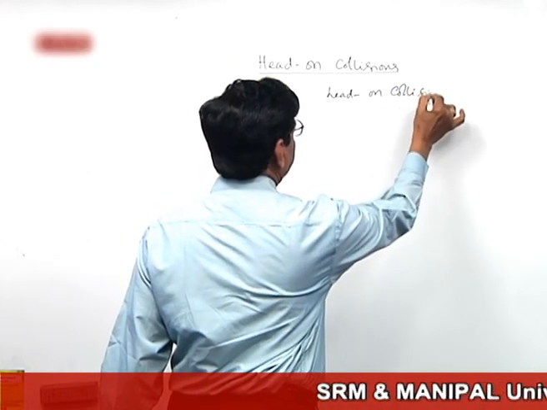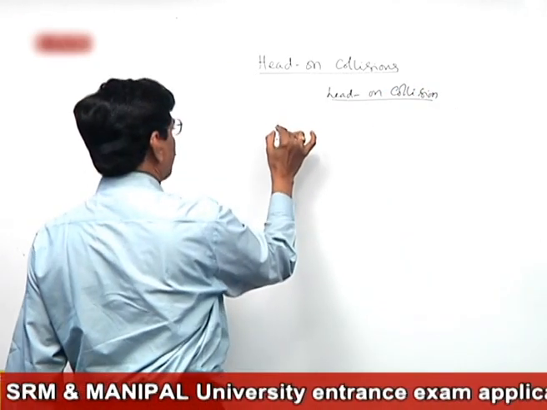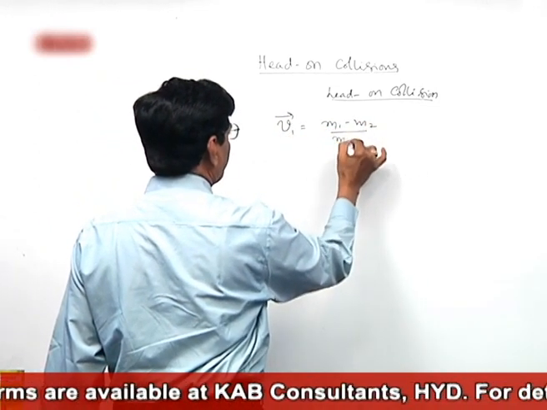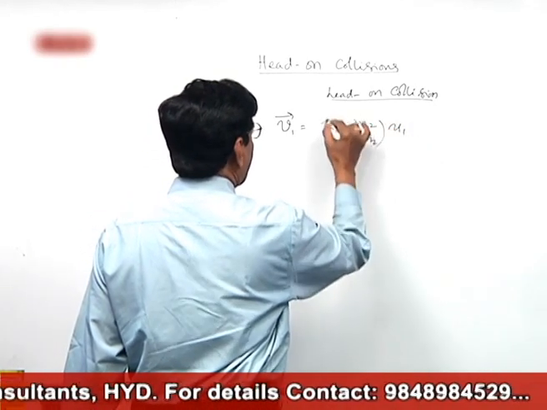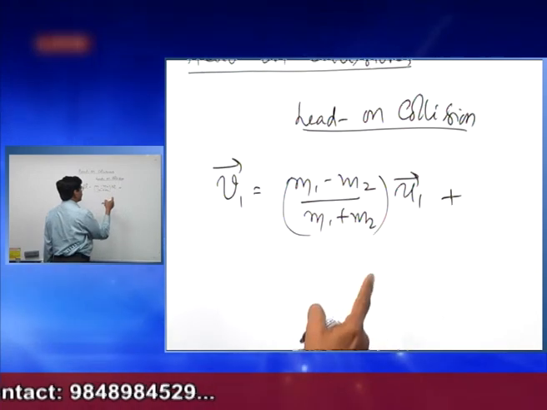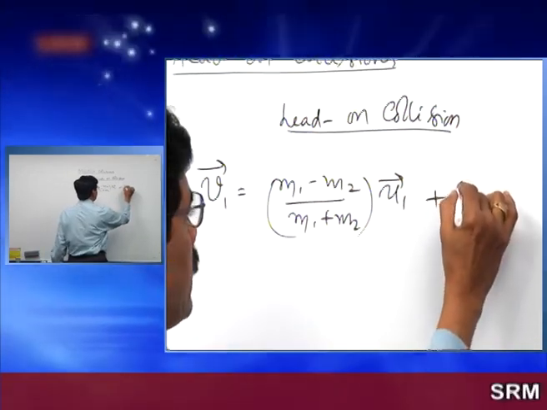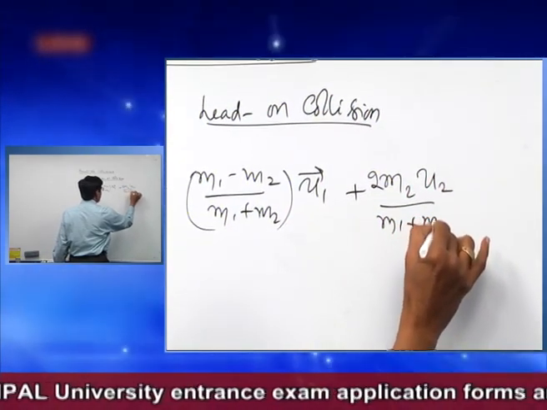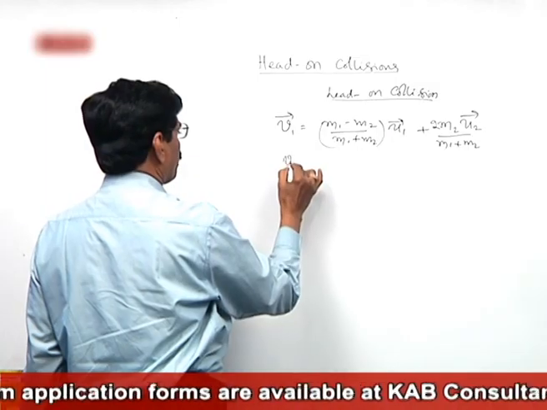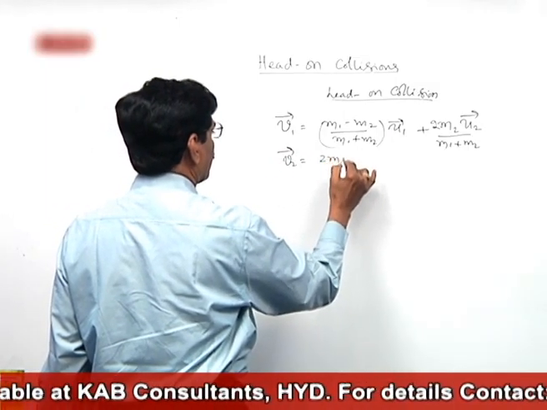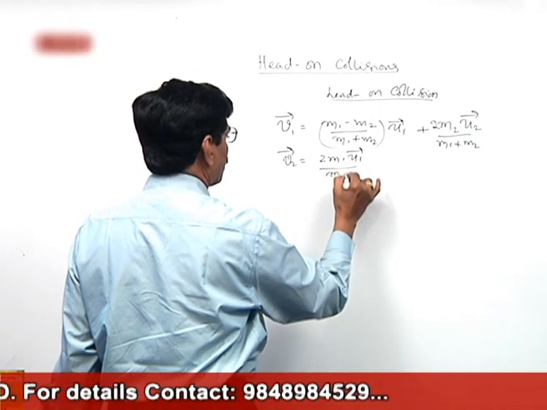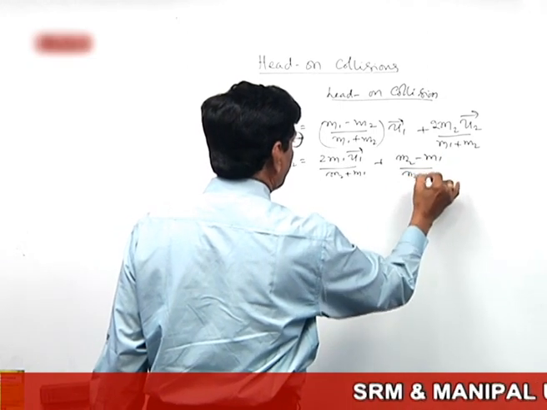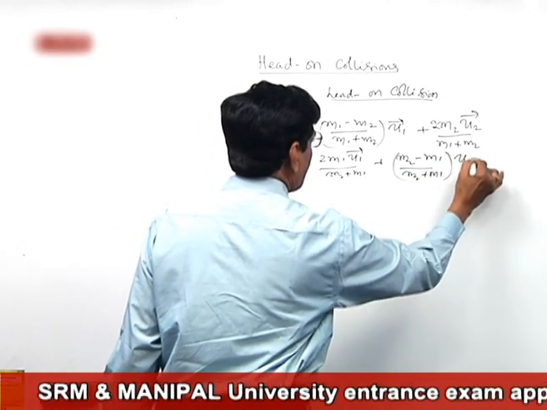So, yesterday in the head-on elastic collision case, we have written the expression for the final velocities of colliding bodies as v1 = (m1 minus m2) by (m1 plus m2) into u1, plus 2m2 u2 by (m1 plus m2), where u1 and u2 are the initial velocities of the bodies, and m1 and m2 are the masses of the bodies. Similarly, v2 we have calculated as 2m1 u1 divided by (m1 plus m2), plus (m2 minus m1) by (m1 plus m2) into u2.